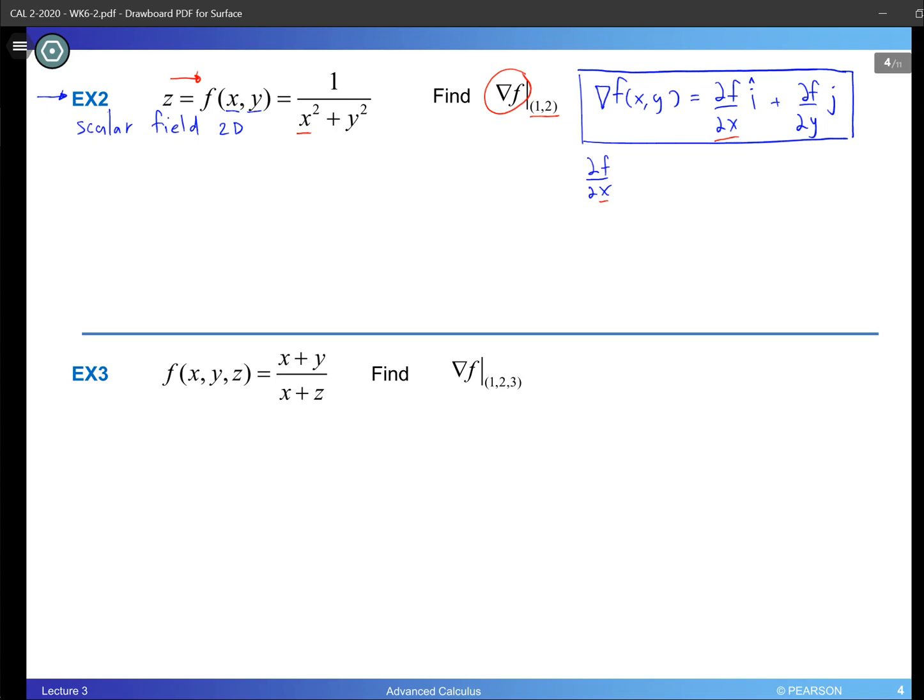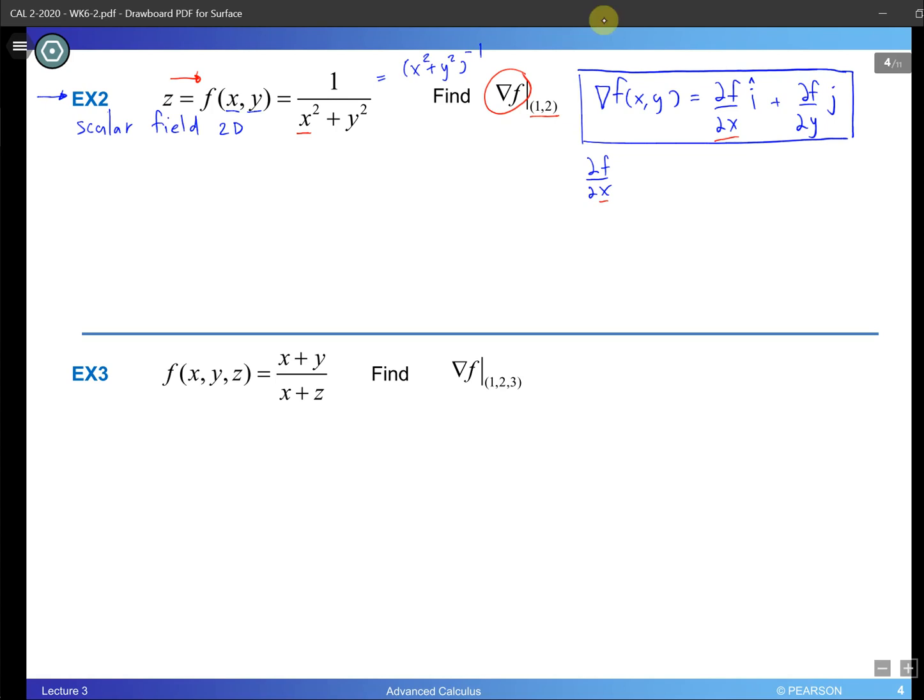We are supposed to apply some trick to this one. And for me, I am going to display this fraction as this term instead, x squared plus y squared to the power of -1. Instead of looking at this as a fraction, I want to look at this as a term with some power, so that I can apply the power rule to this one.